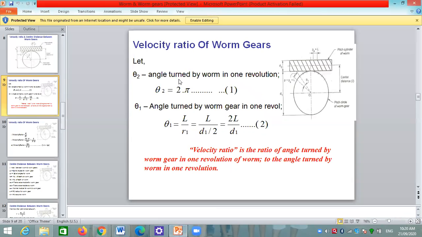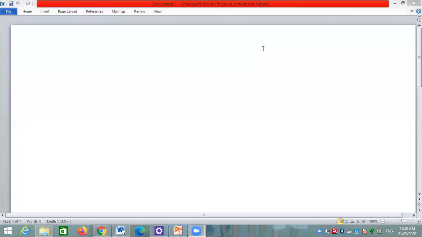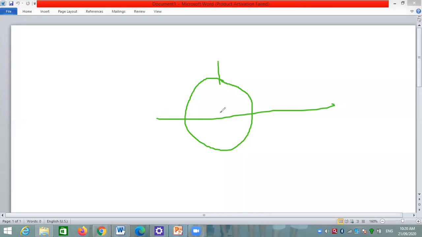See here, theta 2 is the angle turned by the worm in one revolution. Theta 1 is the angle turned by the worm gear in one revolution. And what is this angle? Suppose this is a circle of the worm gear and this is the angle theta 1 through which the worm gear is rotated.